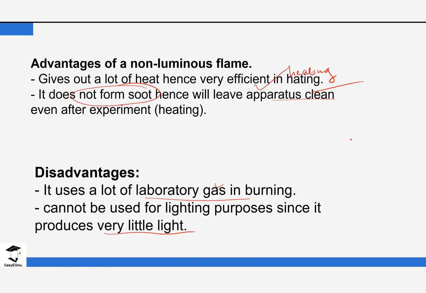It's very dull in color because the pale blue color is not that visible. So we do not use it for lighting purposes. We can only use it for heating purposes. So those are the advantages and disadvantages of the non-luminous flame. So next, let's look at one question concerning the non-luminous flame.